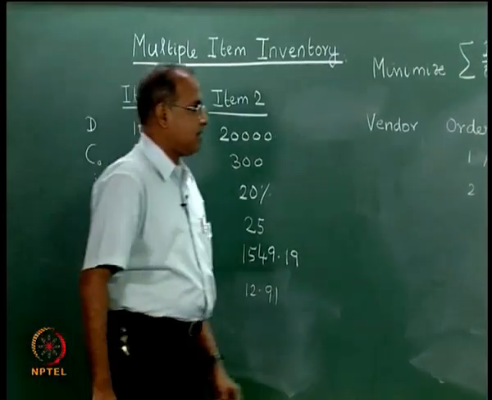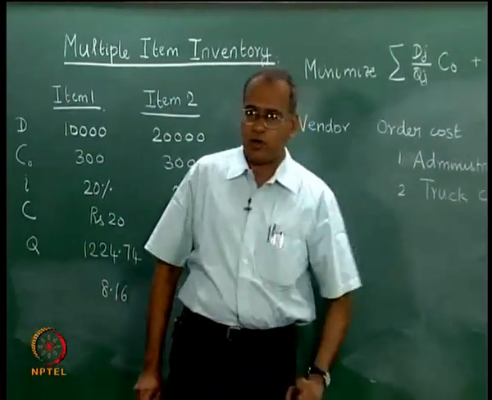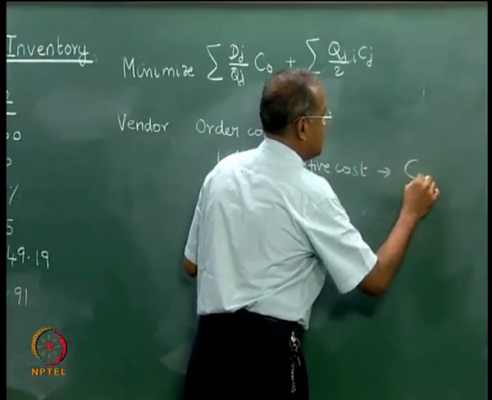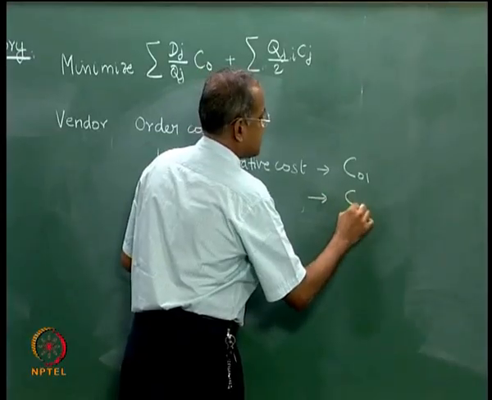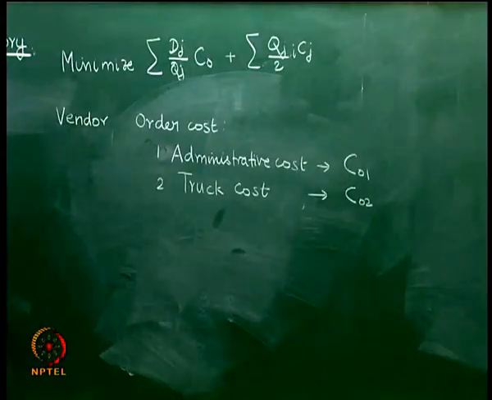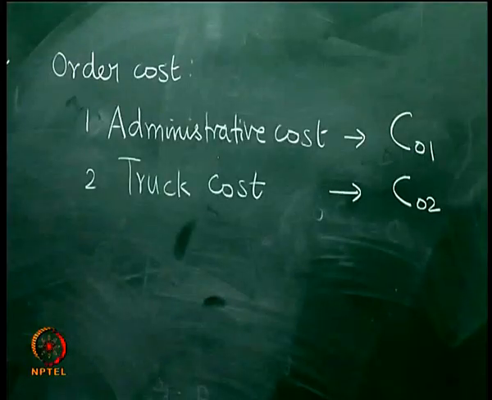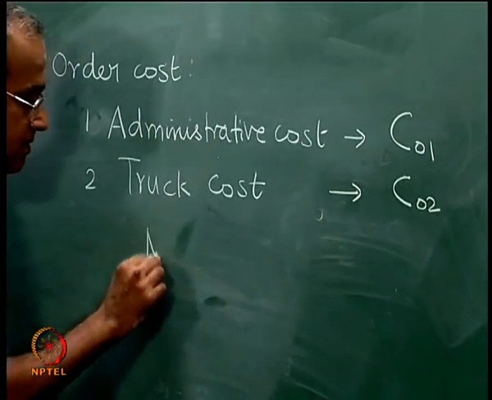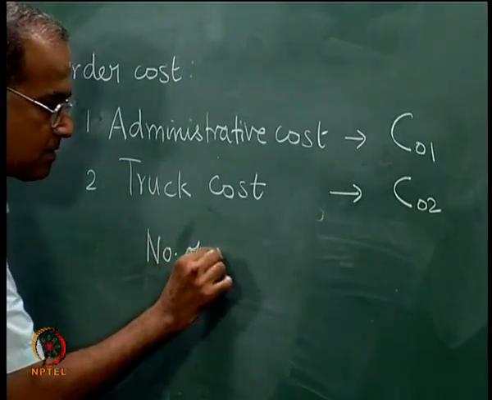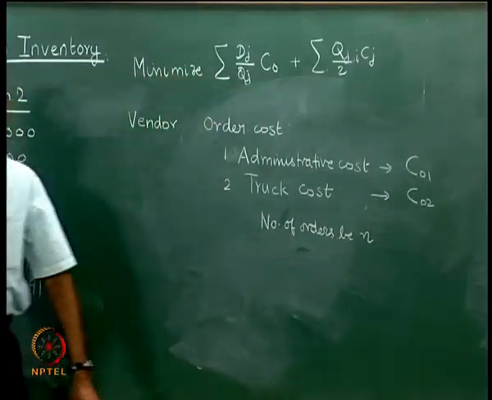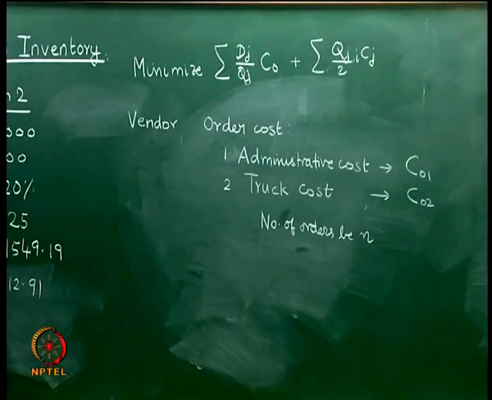Now, let us assume that the order cost is made up of two components. This is called the administrative cost, which we call C01, and this is called the truck cost, which is called C02. Let us assume that we order both these items together. Let the number of orders be n.